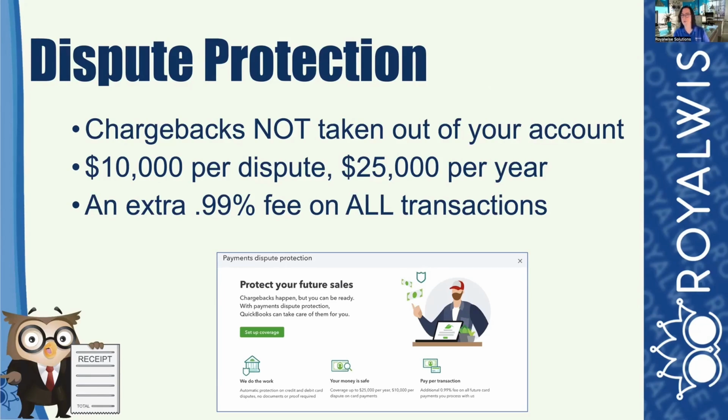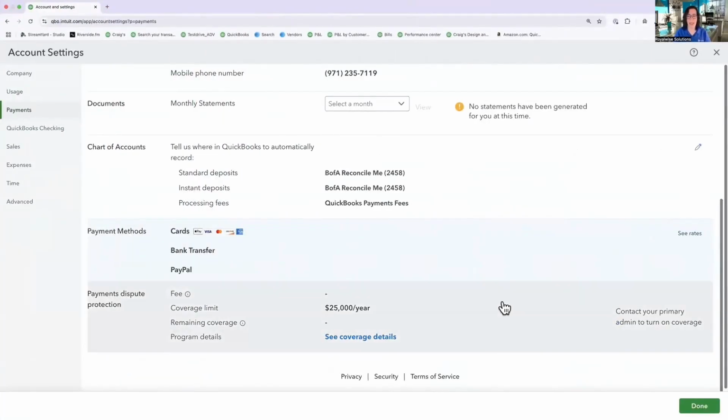So you'll have to do the math and see whether that safety net is worth the extra money to you. And you can see that right down here under the payment dispute protection at the bottom. And this has to be turned on by the primary administrator of the file in order to access this.